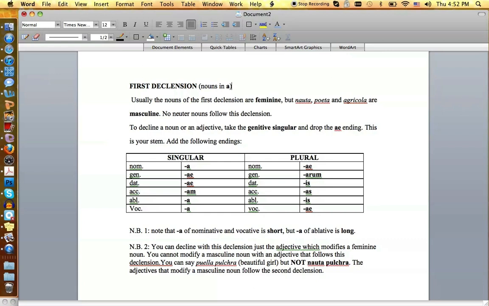What are the declensions? The Latin nouns are divided in 5 declensions, meaning in groups that follow a specific kind of endings for the various cases. You will master this with practice.